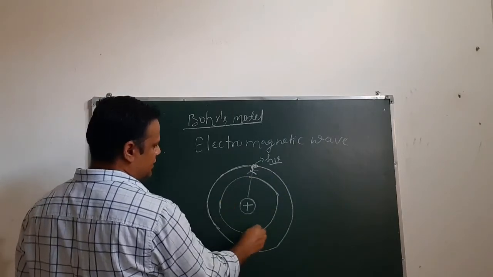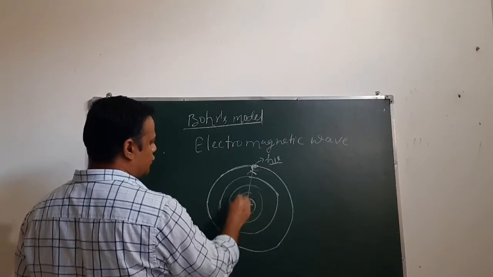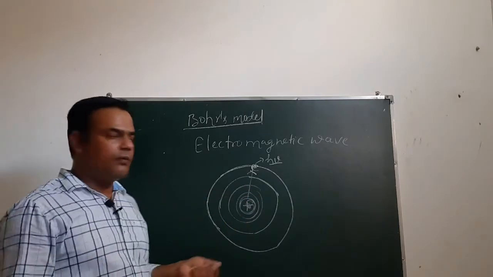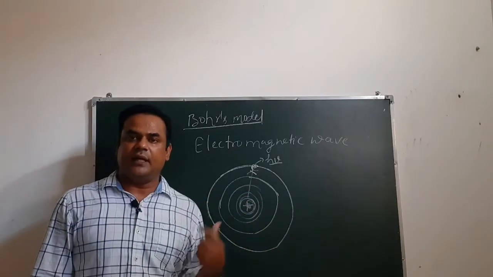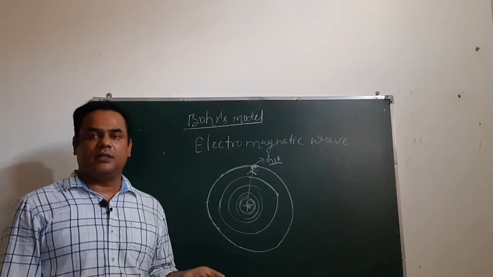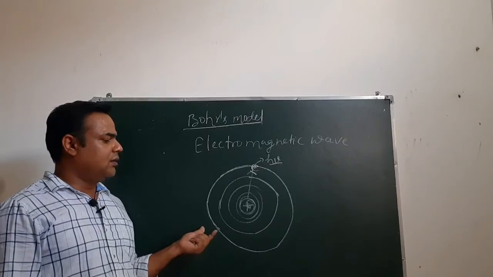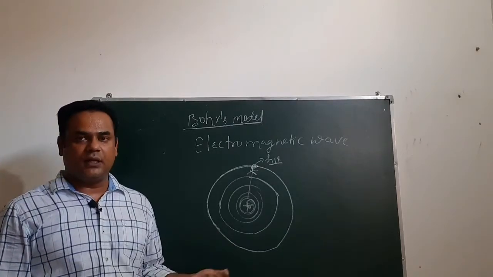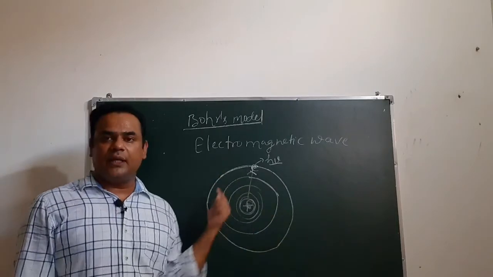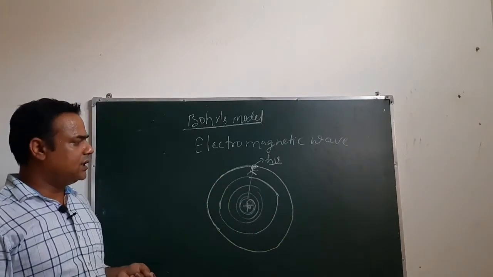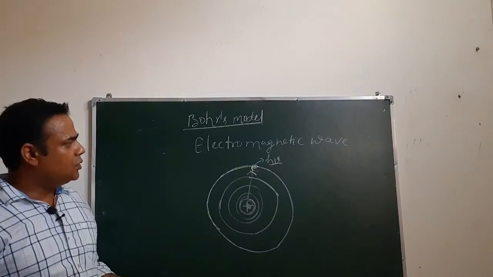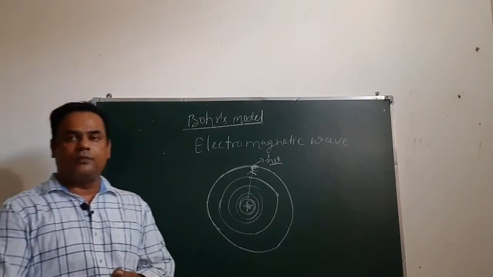The radius should decrease, and gradually the electron should fall inside the nucleus, and when the electron falls inside the nucleus, the atom will get destroyed. But we know that matter exists in this world. Matter is not getting destroyed like this. It means the electron is not moving on any circular path around the nucleus. So this was the defect of the Rutherford model.